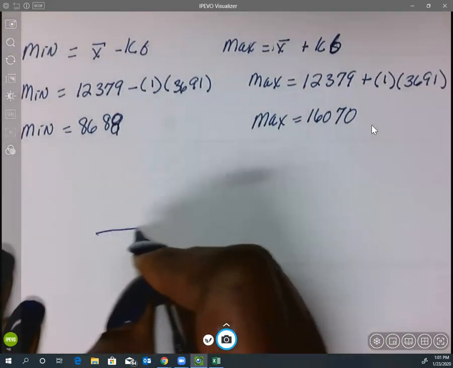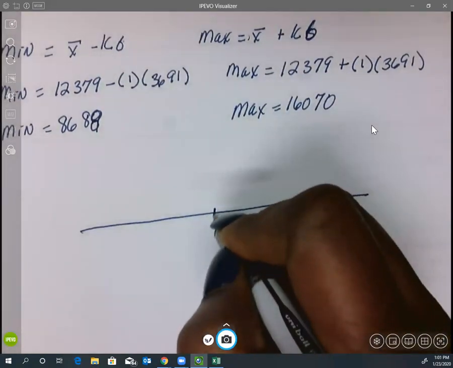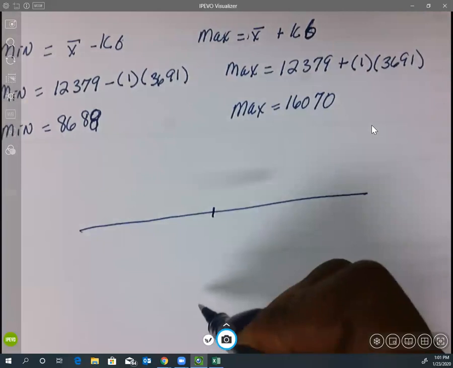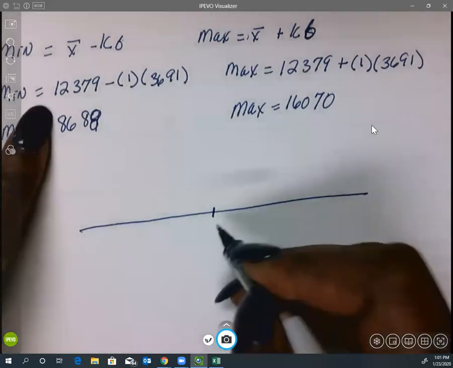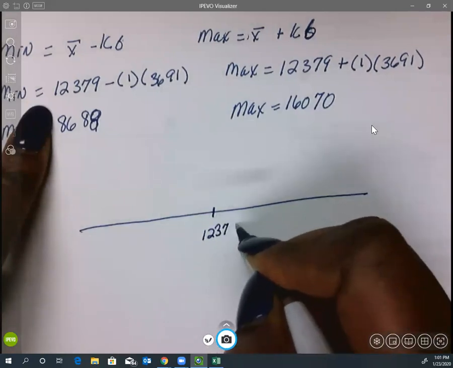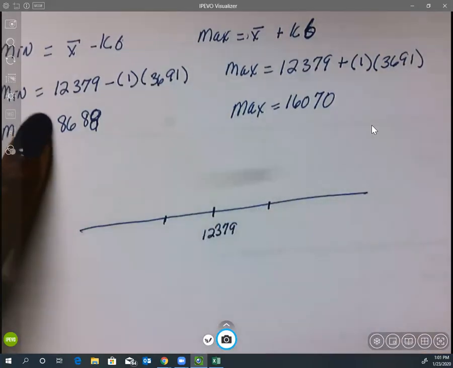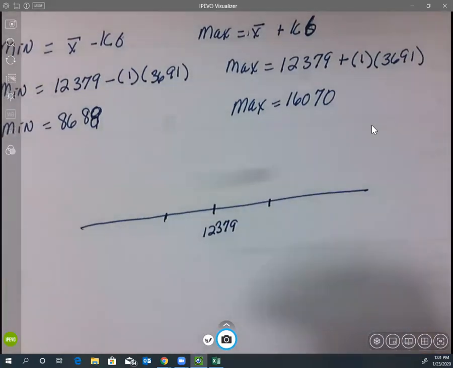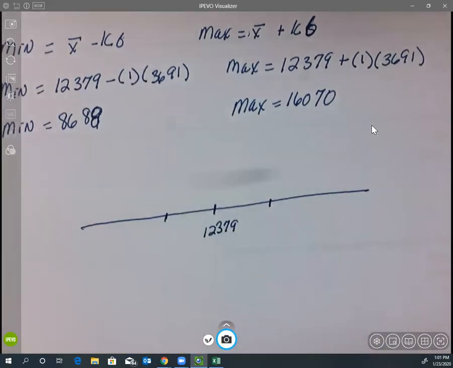Another way, if we look at a curve, okay, our mean is in the middle. So my mean was 12,379. We could go out one standard deviation either side. Our standard deviation that we got previously was 3691.